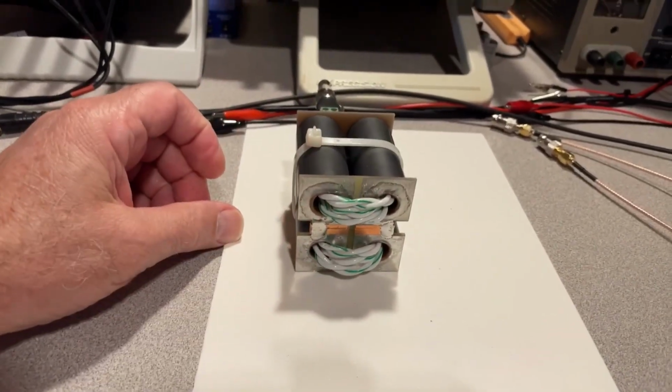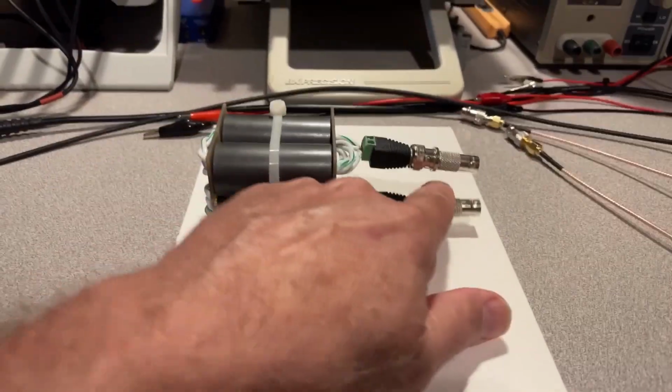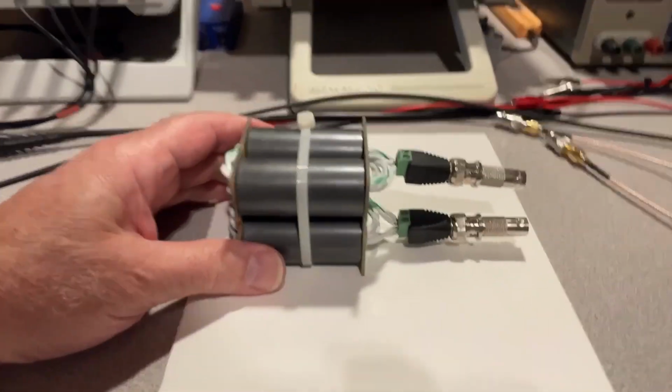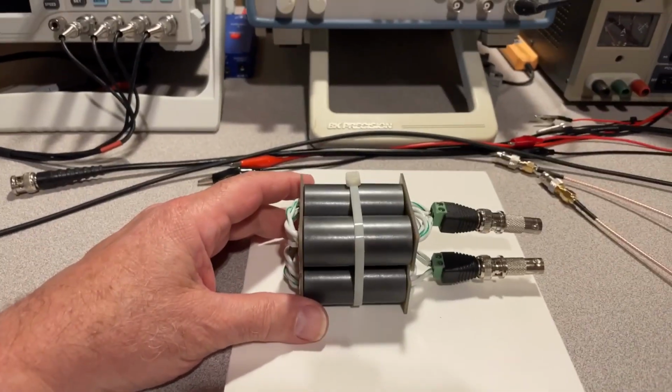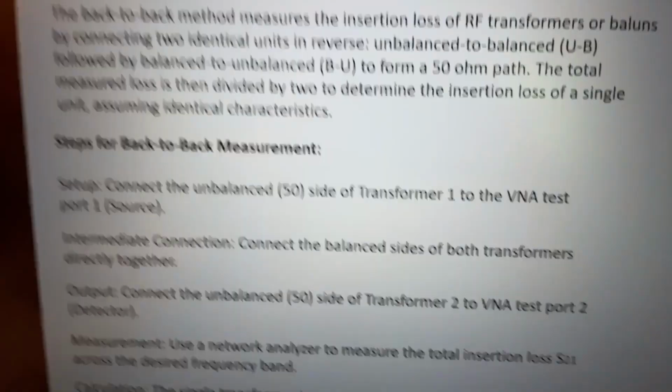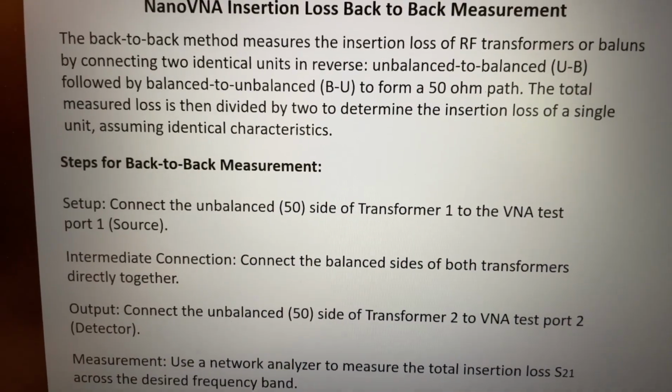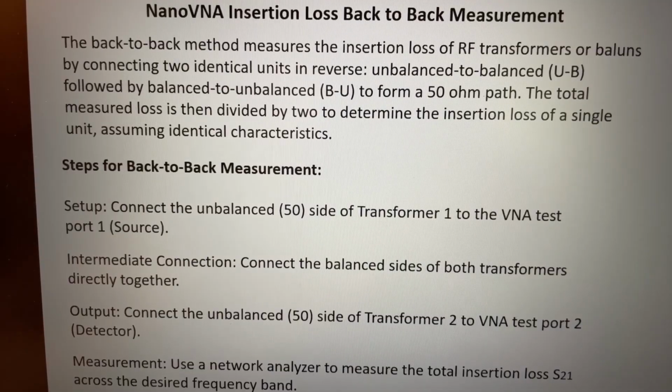I have those soldered together, and then it goes back to the unbalanced side. So this is a typical measurement method that you can find in a lot of application notes, including Coilcraft. So, as I said, we go from unbalanced to balanced, then balanced to unbalanced, right?